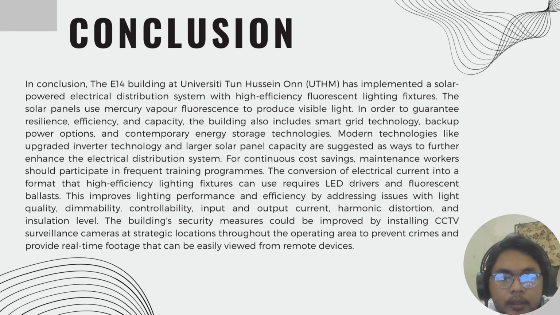The solar panel use mercury vapor fluorescence to produce visible light in order to guarantee resilience, efficiency, and capacity. The video also includes a smart grid technology, backup power option, and contemporary energy storage technology.